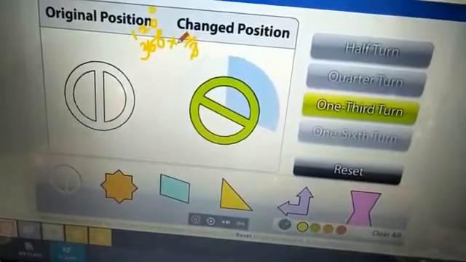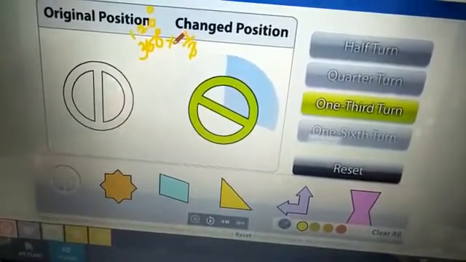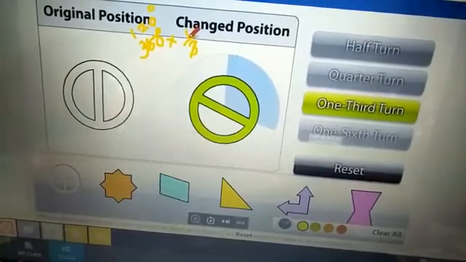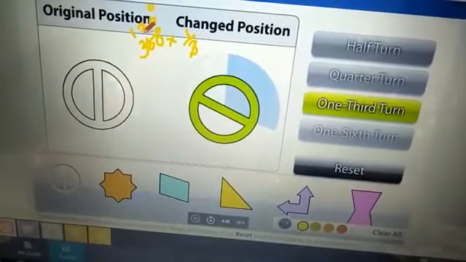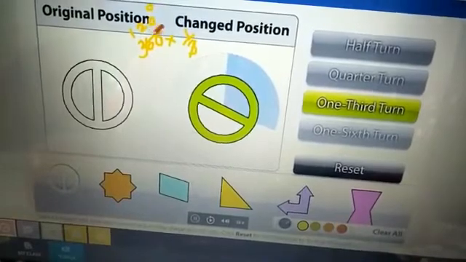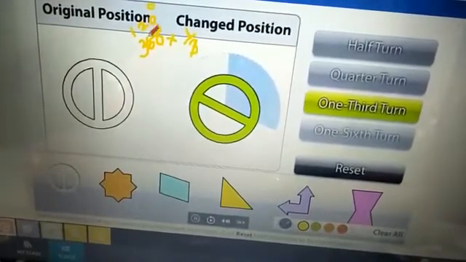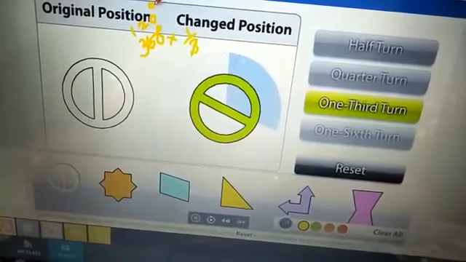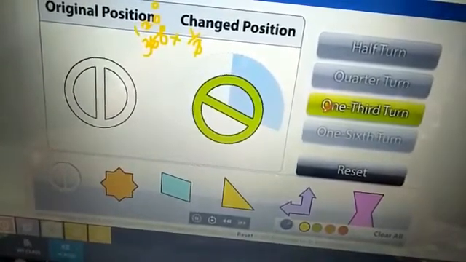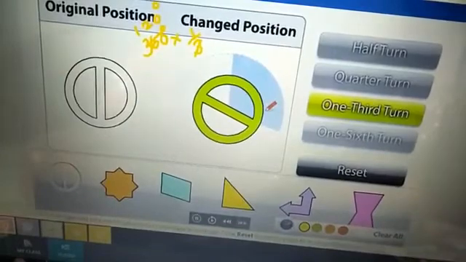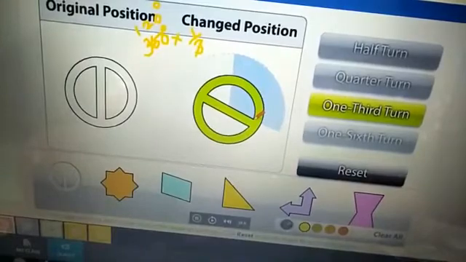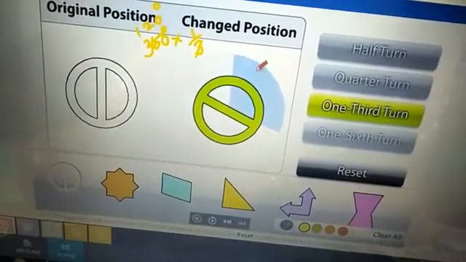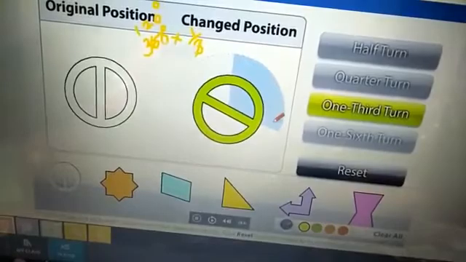So I divide by 3 table. 3 ones are 3, 3 twos are 6, then we have 0, so I put 0. Now I get 120 degree. So 1/3 turn is nothing but 120 degree. After that the wheel has come, 1/3 turn means it has reached this position.